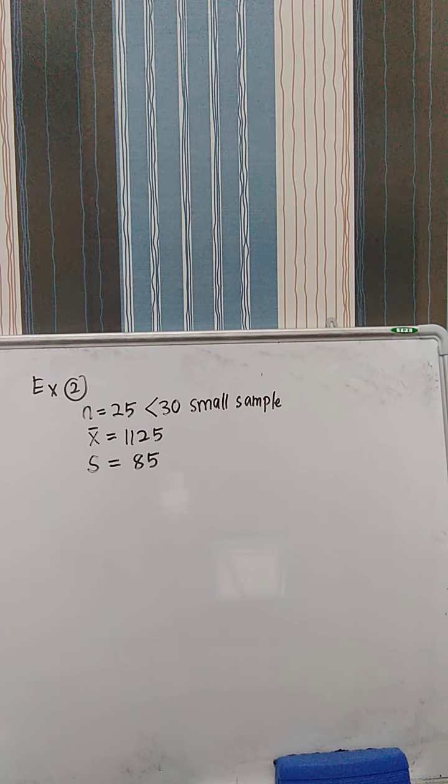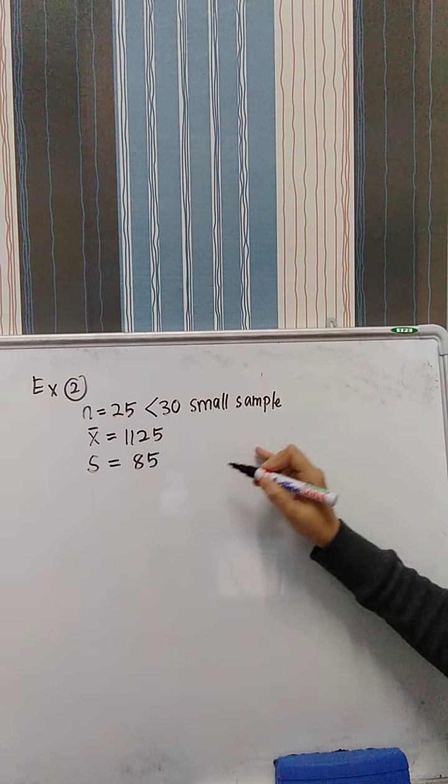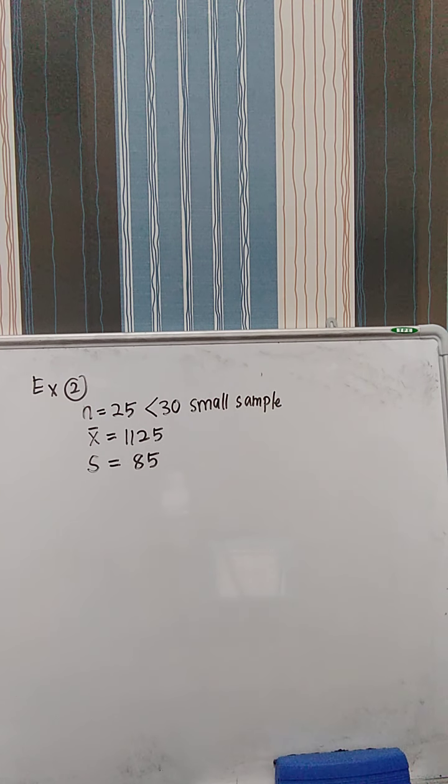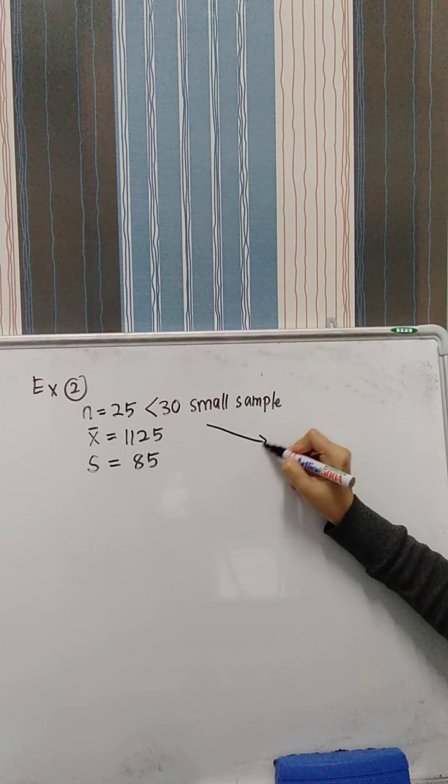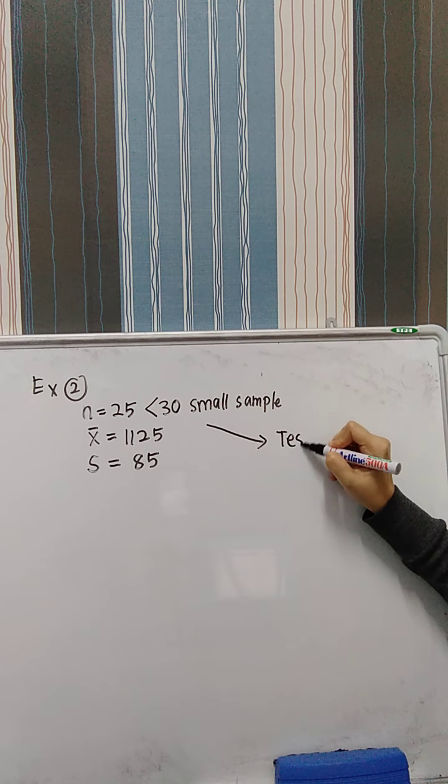Using the 5% significant level, can you conclude that the claim of the business school is true? Okay, before we proceed to the hypothesis testing, you must find the test statistic here.